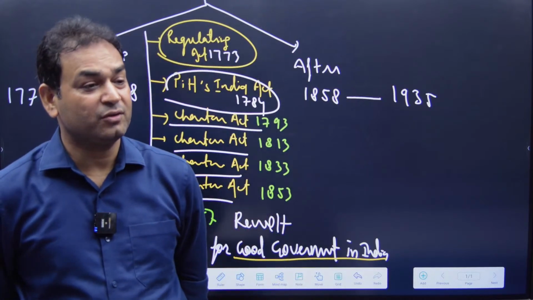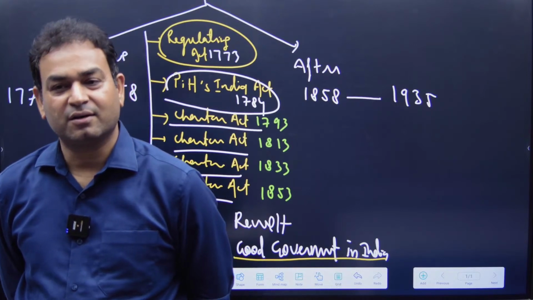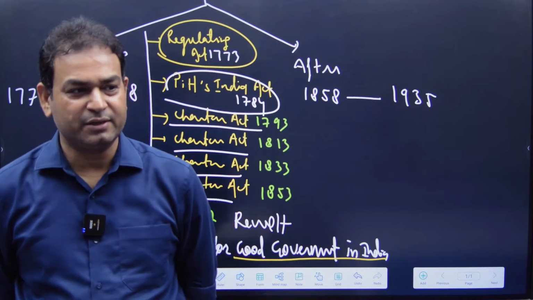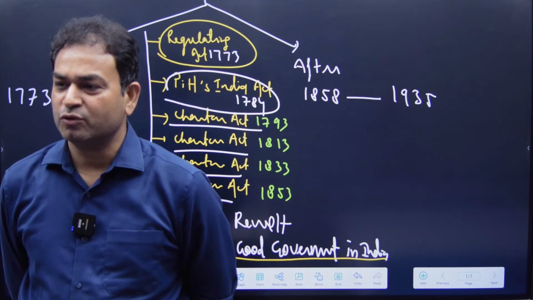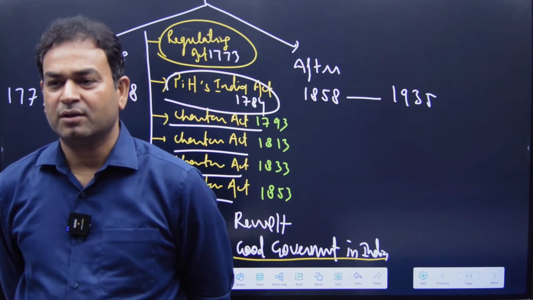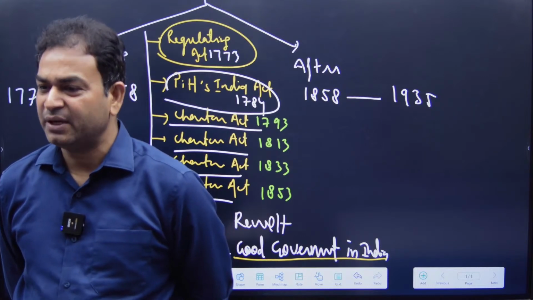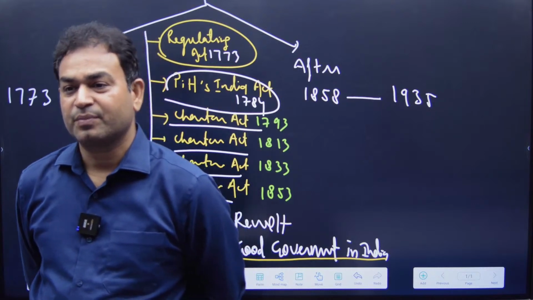Because in 1761, in the Battle of Panipat, the Marathas were defeated. The power of the Marathas, which at that time was greater than that of the Mughal emperor, had been the biggest hurdle and challenge for the British, and it was now weakened.